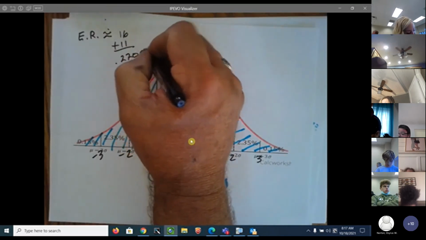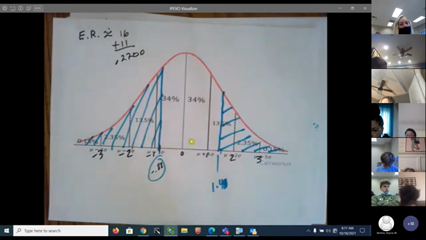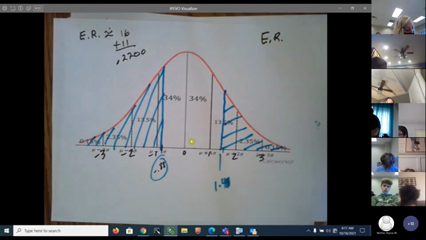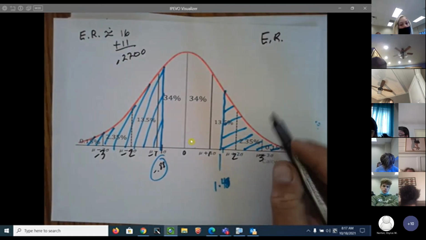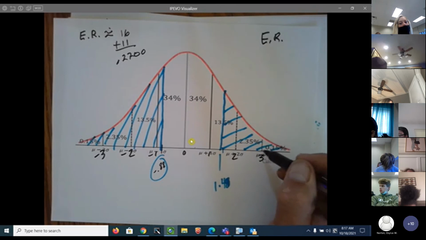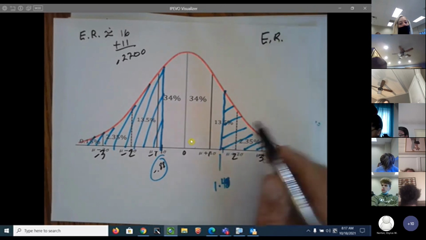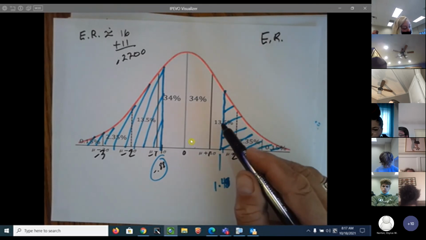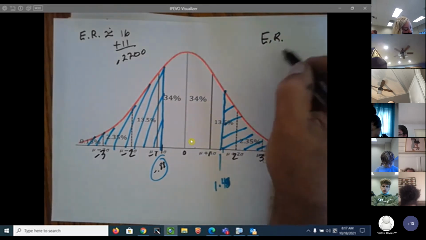So 0.2700 is what I get for the empirical rule. And on this side, I get almost the same thing, but I don't think it is. It's a little bit more than half. So half is 6.75.